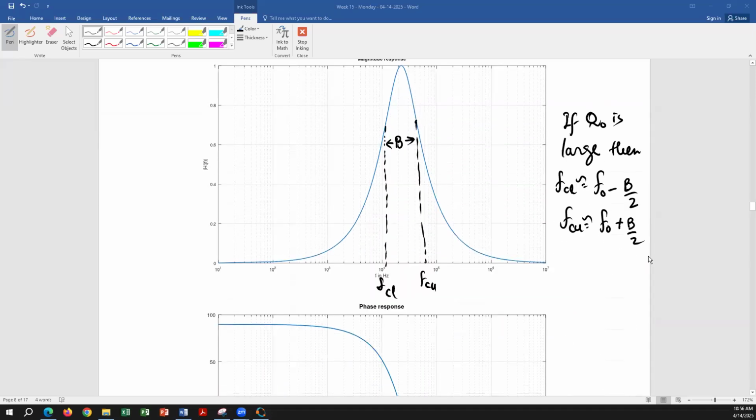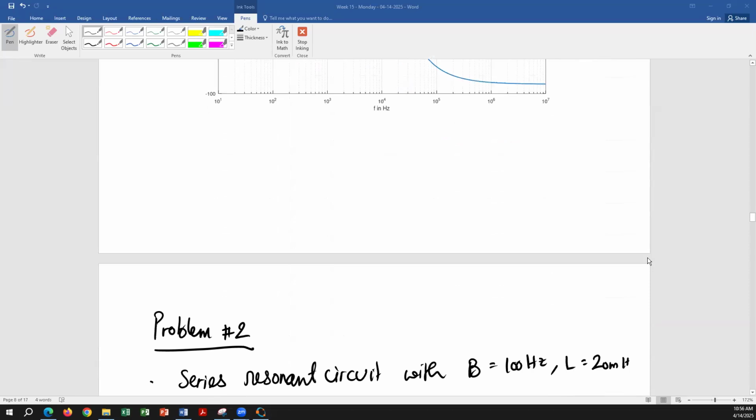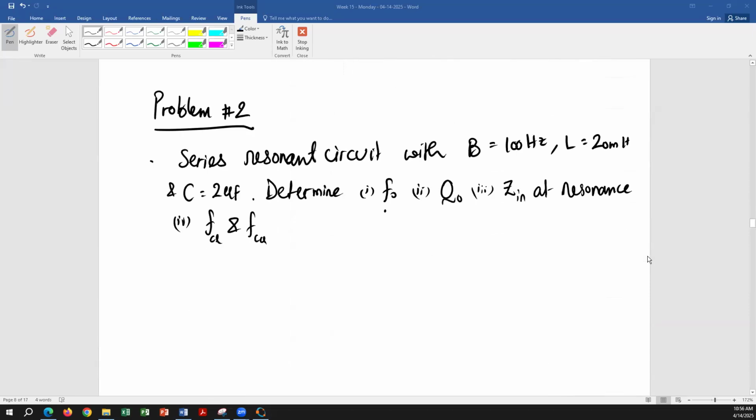So we can calculate that for some problems and see, if Q is large, how close it comes out. Okay, going back to this problem, B is 100 hertz, so a small bandwidth, and the L and C values are given to us. Determine F naught, so we can easily calculate the center frequency. F naught is 1 over 2 pi, square root of 1 over LC.